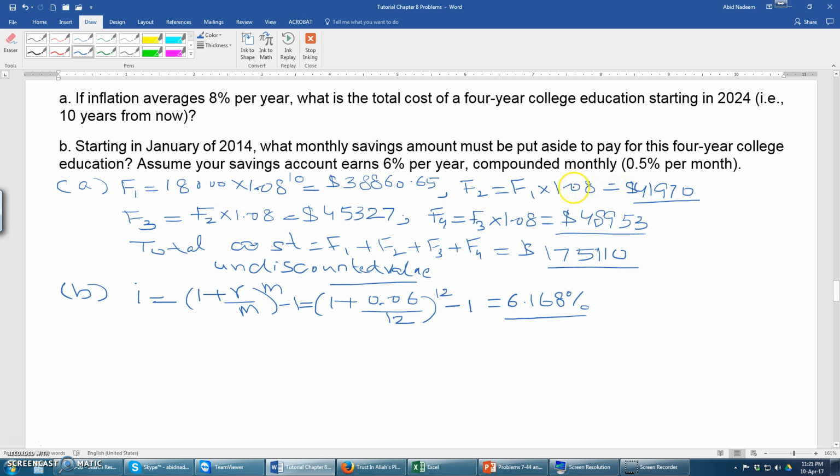Actually we have assumed that all the tuition fees will be paid in the beginning of the year. This is the normal practice. You pay the fees early, and that means we need to accumulate these values.